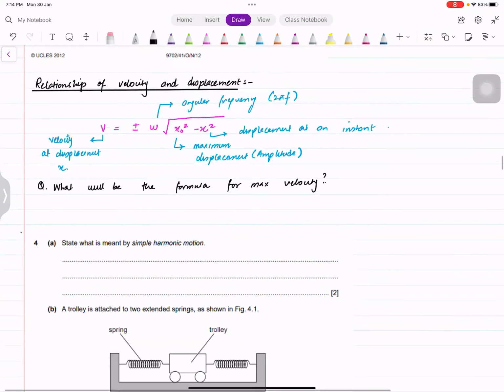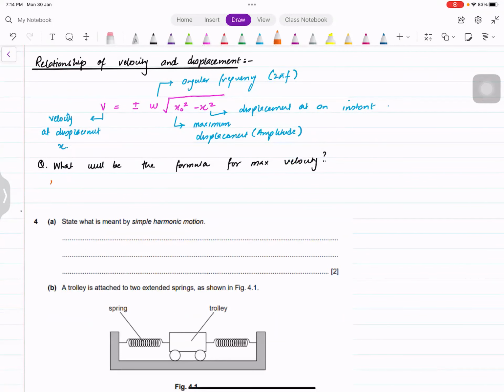Now, here we should remember that at max velocity, which is given as v naught, x is 0, because when potential energy changes to become 0, you get maximum speed, and the same goes for kinetic energy changing to potential. So basically, you will have 0 speed and maximum displacement.